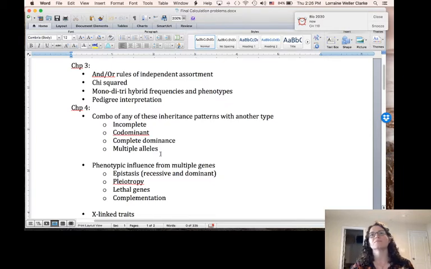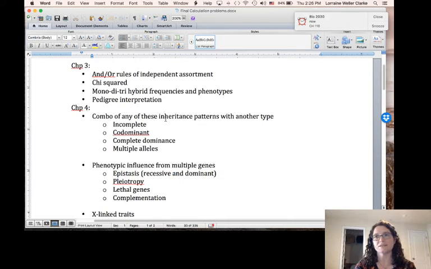So for chapter 4, I could give you an incompletely dominant trait and a codominant trait with multiple alleles. Maybe I ask you about the inheritance of an incompletely dominant trait with a blood type, or I ask you about a simple dominance plus a lethal recessive.